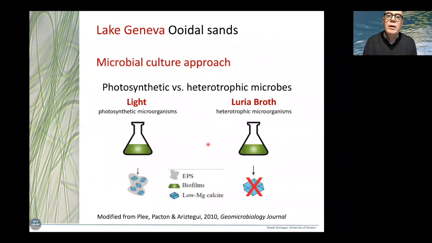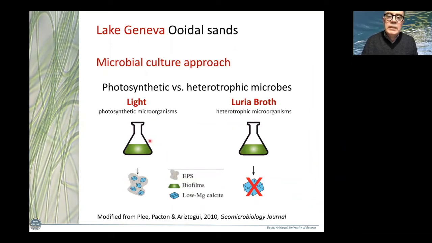So this is what we have done, and this is the microbial culture approach. I will not go much in detail, but I will just simplify the thing for you. We did experiments with light and without light, using only a media called lubricant broth, which is quite common in microbiology to grow heterotrophic microorganisms.